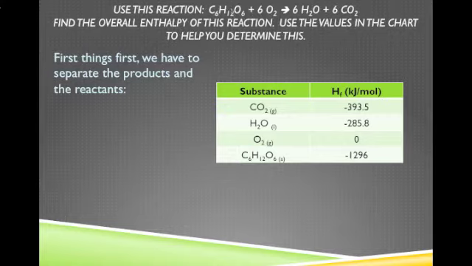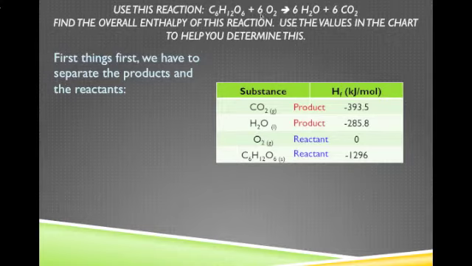Now your reactants are found on the left side, your products are found on the right side. So we can go ahead and label oxygen and C6H12O6 as a reactant, and then the other two are products. And that's important because we're going to subtract products minus reactants, so we've got to keep them separate. So let's start plugging in these numbers, but there's one last thing I want you to pay attention to.